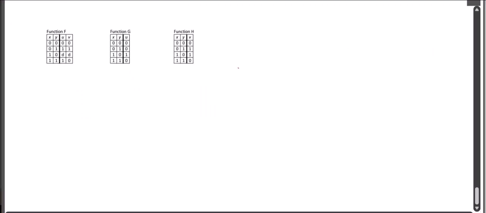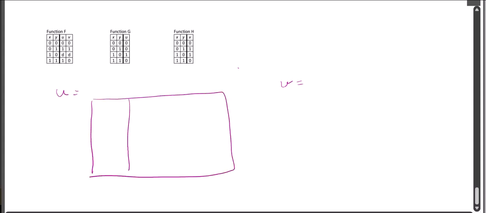Okay, so you want to develop functions for U and V. And to do that, you're going to have a Karnaugh map with 4 variables.